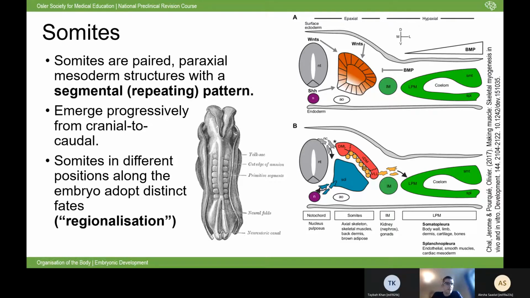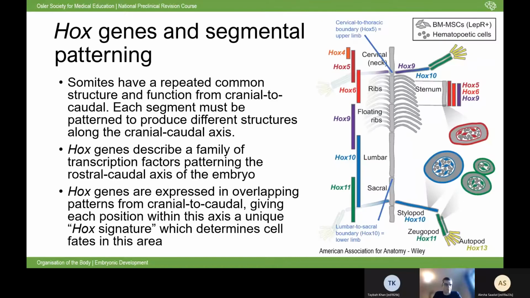So what about these somites? As I say, they're mesodermal condensations. They emerge in a progressive fashion, starting at the head area, the cranial region, and moving caudally. Initially, they are identical repeating structures with the same fundamental components. Obviously, we are not made of repeating identical segments as a fully formed human.